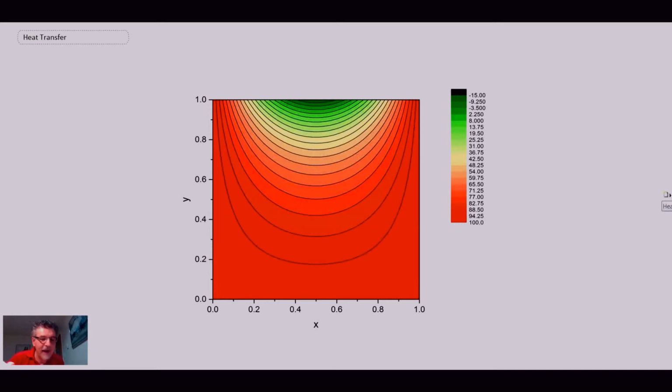This now is the solution to that boundary condition, where I've assigned 10 degrees C up here, and then 100 degrees C here, 100 degrees C here, and 100 degrees C here. You look at it and you think, well, that looks not bad. That actually looks pretty good.